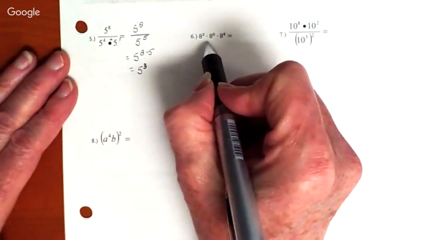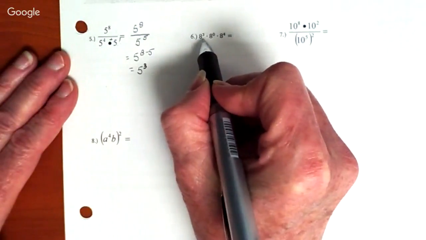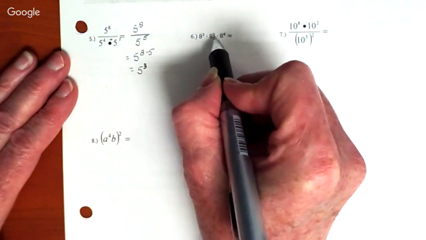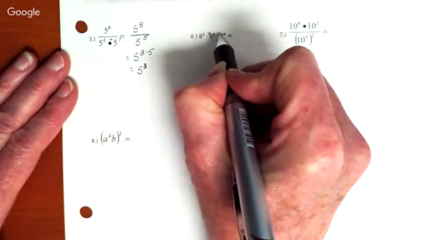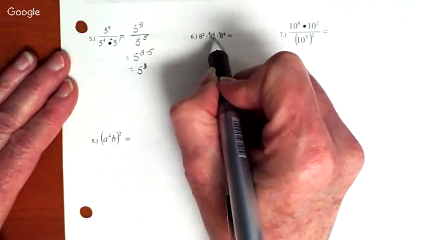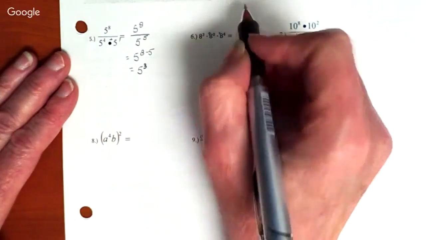Here we have 8 to the 3rd times 8 to the 0 times 8 to the 4th, so we can add these. So 3 plus 0 is 3, plus 4 is 8 to the 7th.